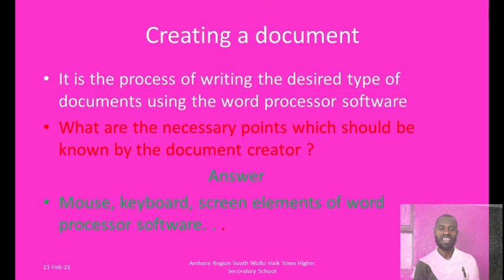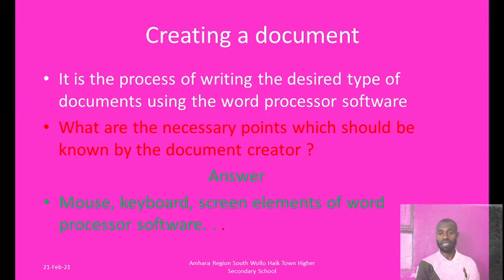or computers. So to create a document, firstly we have to know the mouse. What does mouse mean? How many parts does the mouse have, and what are those? And with their functions, we have to recognize the mouse well. And the other thing that you have to know to create a document is the keyboard. These are the main required things that we have to know well to create a document.